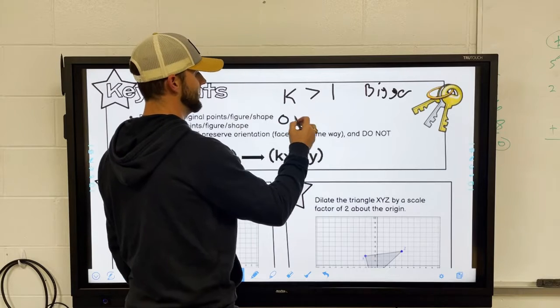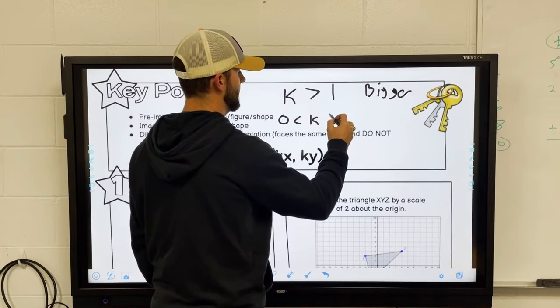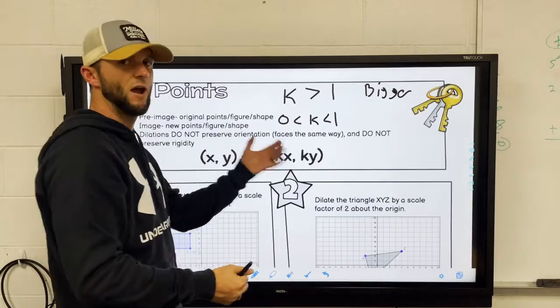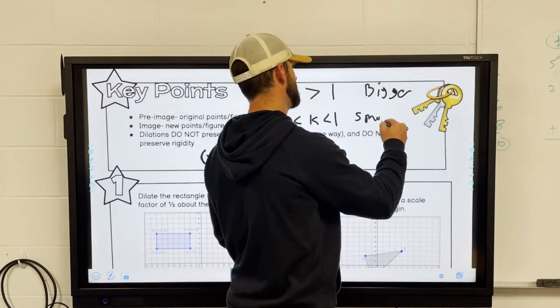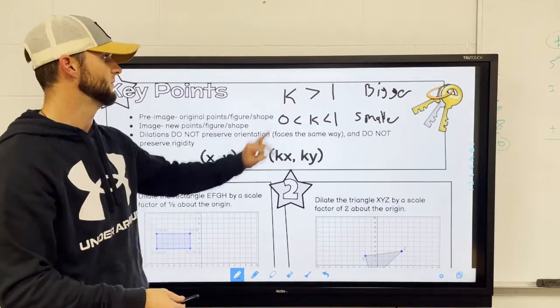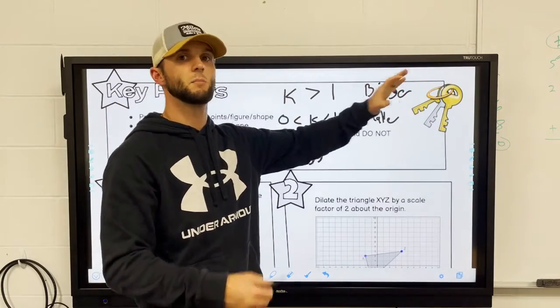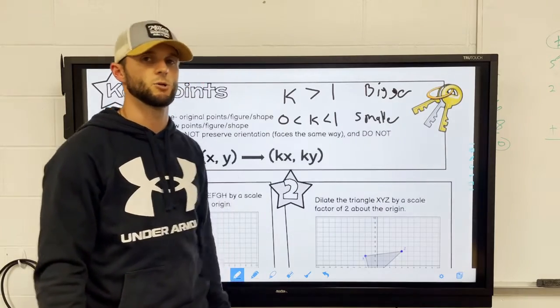If K is in between 0 and 1, meaning a fraction, any number in between 0 and 1, my shape is going to get smaller. It's going to be a shrink. So make sure you understand, if it's bigger than 1, it's going to be a bigger shape. If it's in between 0 and 1, it's going to be a smaller shape.